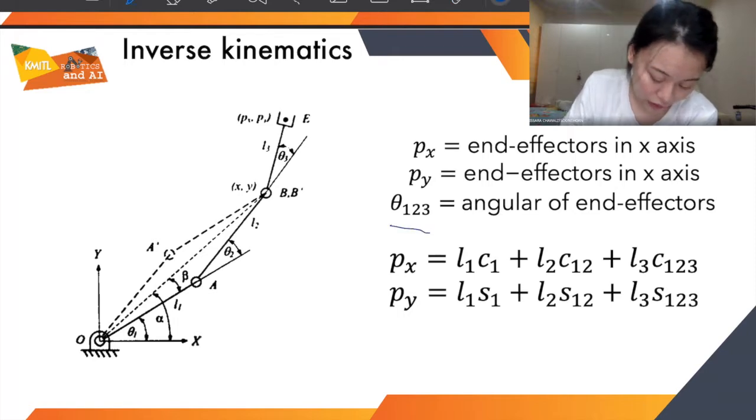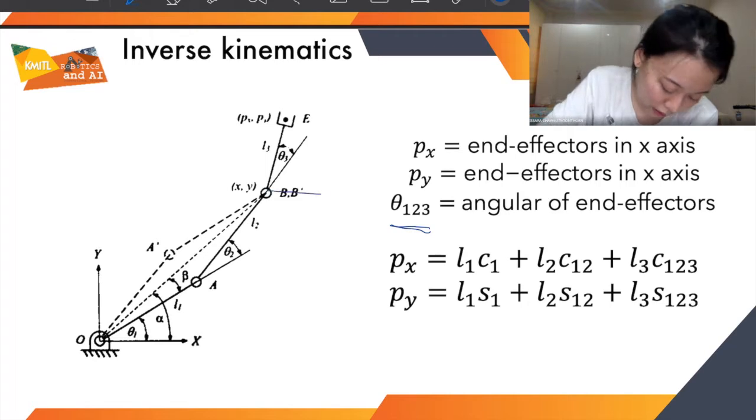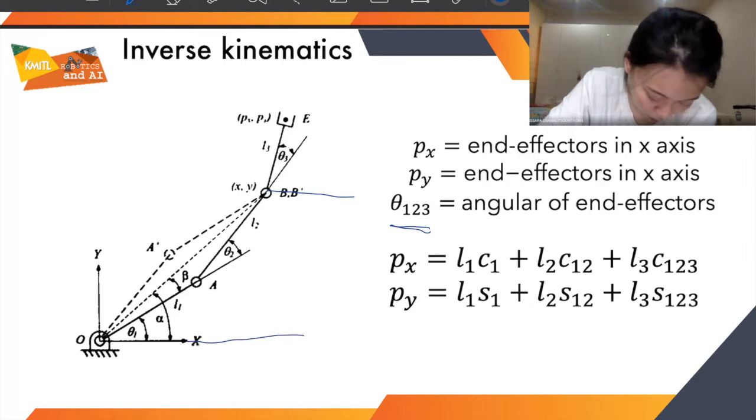Here, this is theta 1, 2, 3. From here, parallel with this one, this is theta 3, and for theta 2, and this is theta 1.